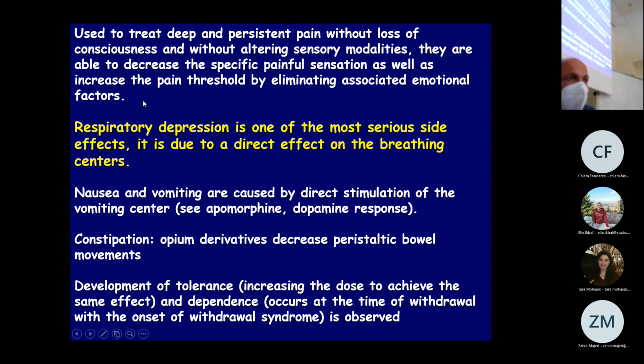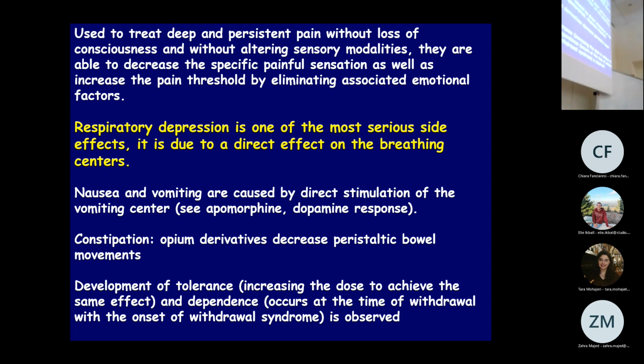Indication, treatment of deep and persistent pain without loss of consciousness. So you can continue to work without altering sensory modalities. They increase the pain threshold by eliminating associated emotional factors. Other side effects, nausea and vomiting, caused by direct stimulation of the peripheral dopaminergic receptors.